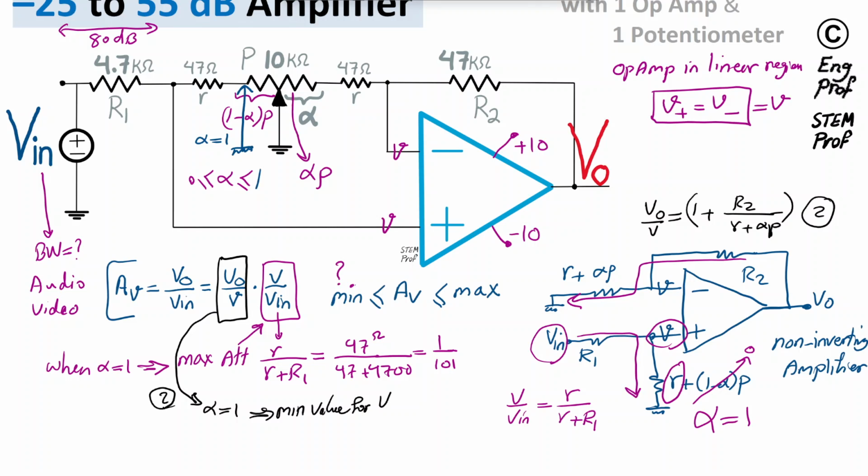for V out over V in, which in this case turns out to be, if we compute it, given that alpha is 1 and P is 10K, 1 plus R2, which is 47 kilo ohm, 47,000, divided by 47 ohm plus alpha, 1, times the potentiometer, 10K.